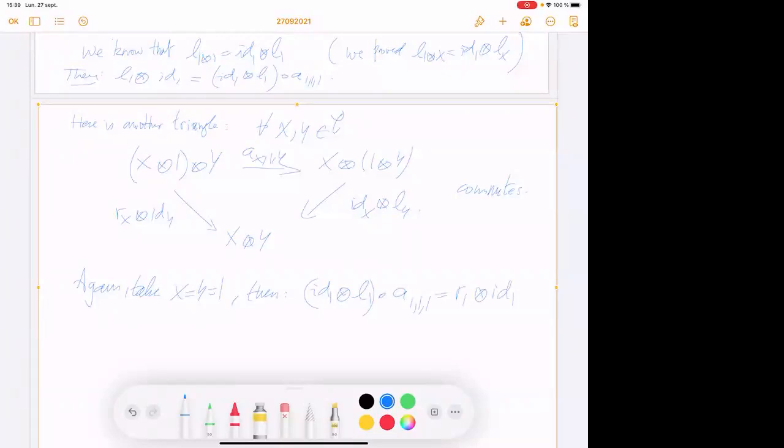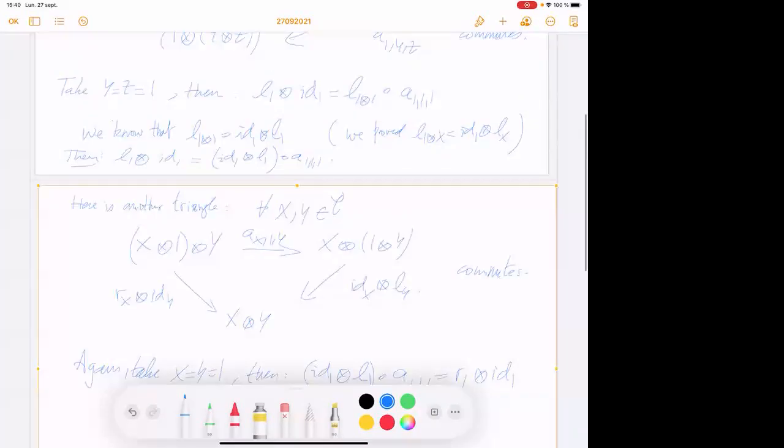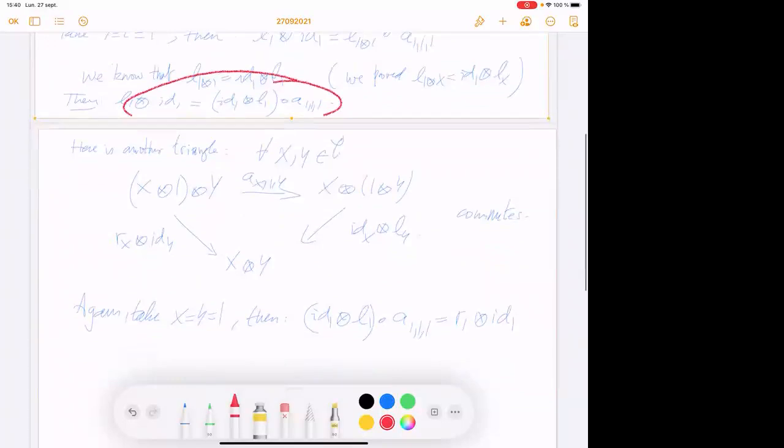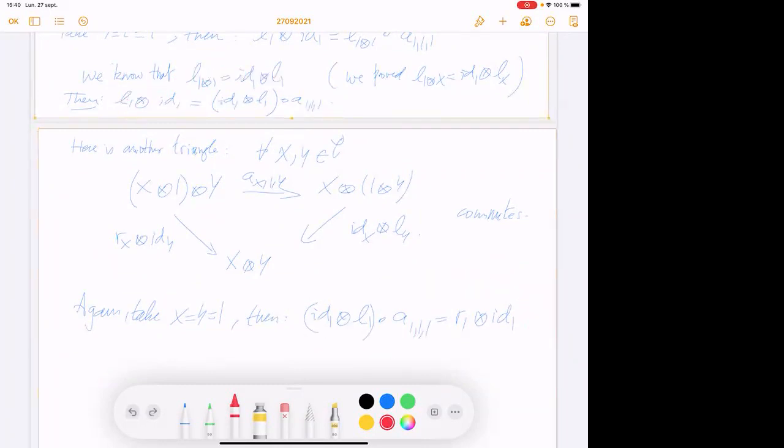Okay. Yeah, this is what I wanted to prove. Okay, so you see, we have this here and this here. What is on the right here is exactly what is on the left here. That means that this equals this.